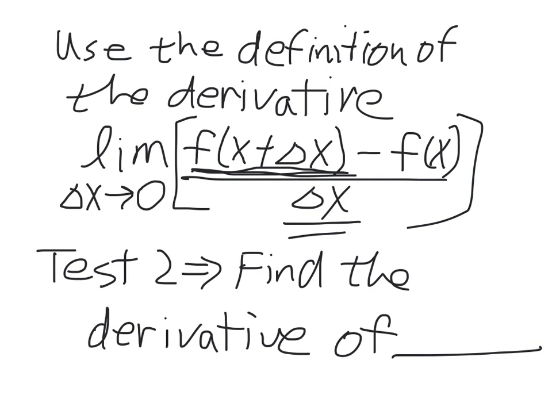15 and 16 were using implicit differentiation. So make sure you can use implicit differentiation. Find dy by dx. And now 16 is find dx by dy, but on the final I'll limit it to just dy by dx.